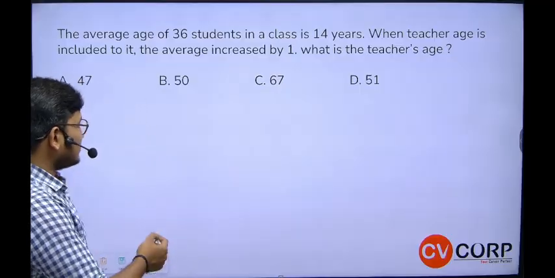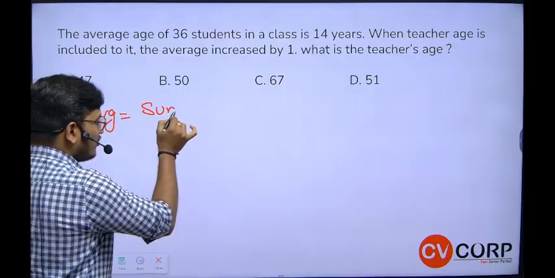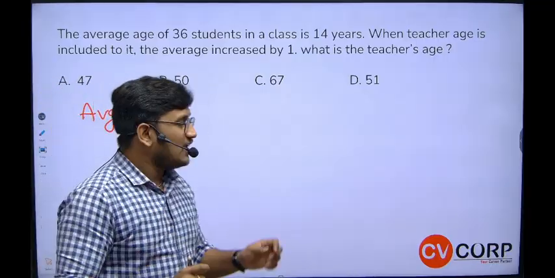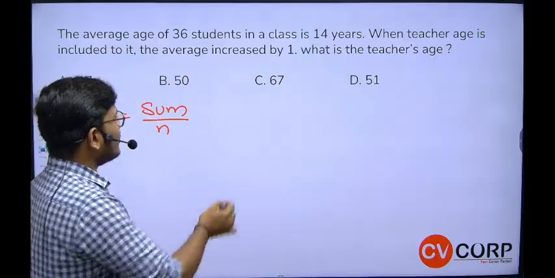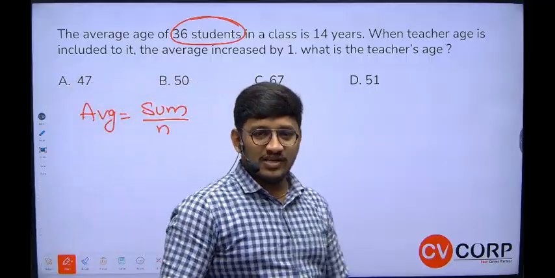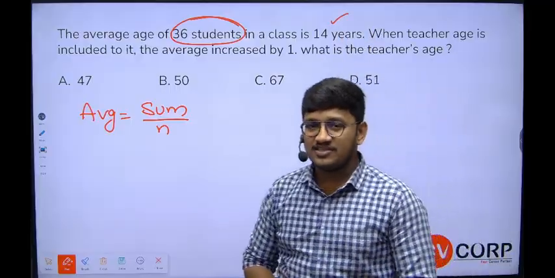Let's consider average is equal to the sum of observations divided by the number of observations. First, you should understand the logic. The average age of how many students do we have? 36 students. So the average age of 36 students is 14 years. They're talking about all 36 students' average age being 14 years.